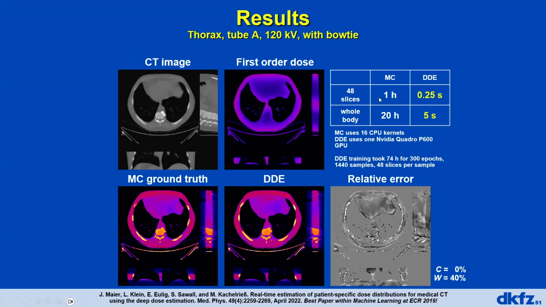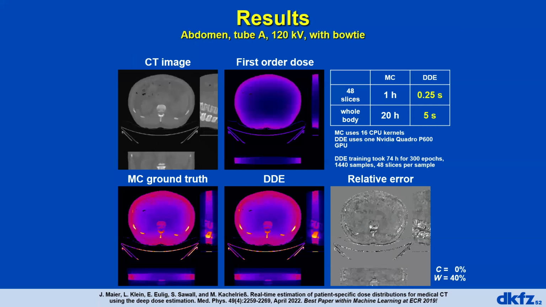So for example, for a whole body, the Monte Carlo simulation would take like 20 hours, and this deep dose estimation can process all slices for an entire whole body scan in 5 seconds or less with newer GPUs. So this is something that we think is very interesting because it would allow to estimate a radiation dose on a per patient basis for every patient that receives a CT scan, and with that also basically reduce radiation dose.